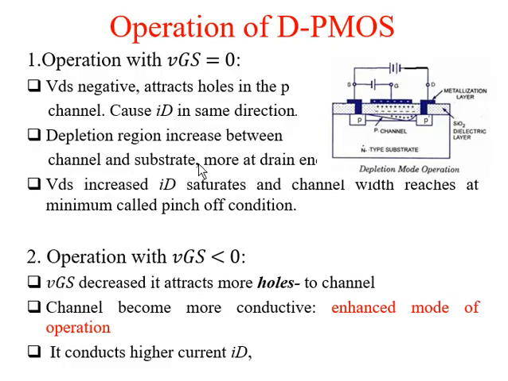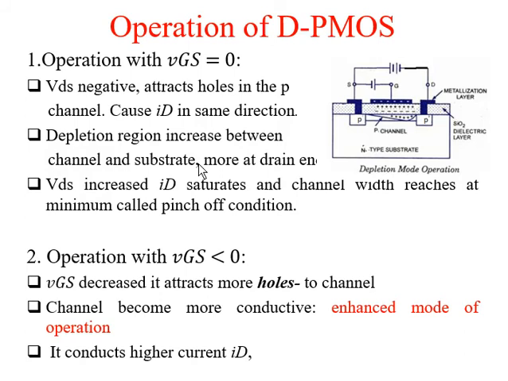So we can see the working of the p-type depletion mode transistor. The construction as well as the working is just opposite to that of the n-type depletion mode transistor. In the case of the n-type depletion mode transistor, if we take VGS as positive, here VGS becomes negative.